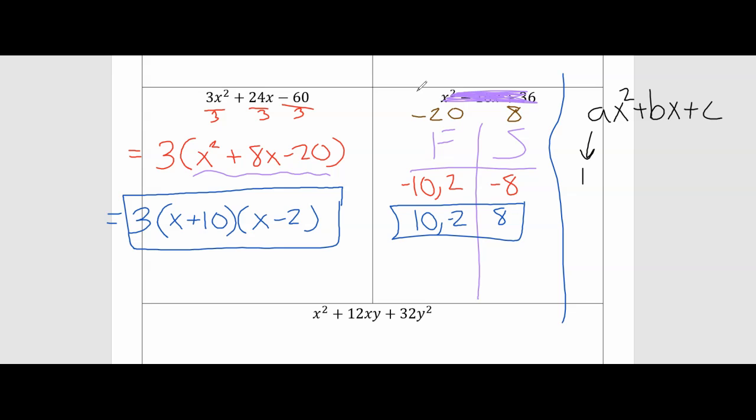We find the factors of c that sum to b, and then write our factors as the product of two binomials. If that a is greater than 1, like it was over here, before I do my factor sum chart, I can try to find a GCF. If I can factor that GCF out, then I can try to use my factor sum chart.